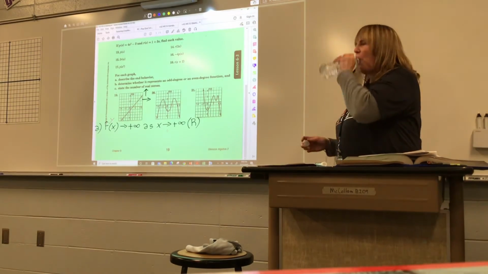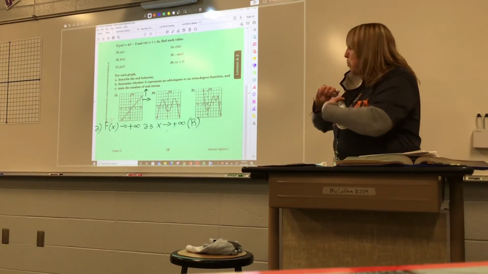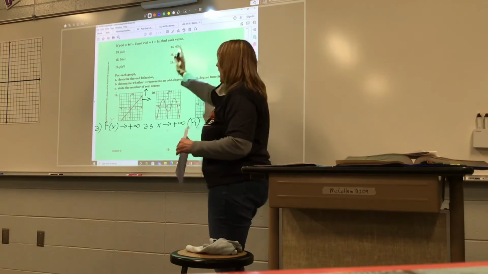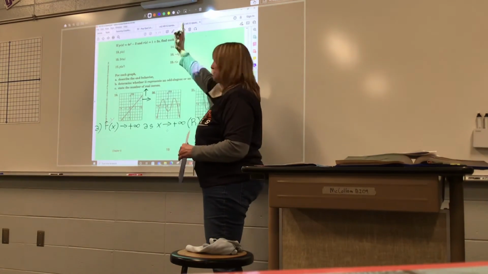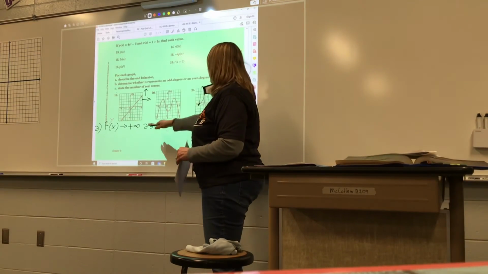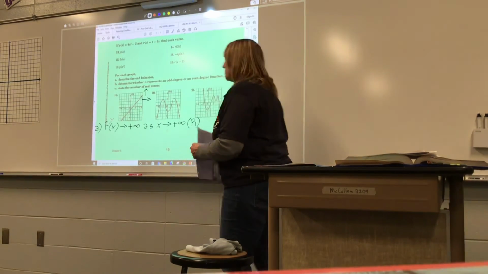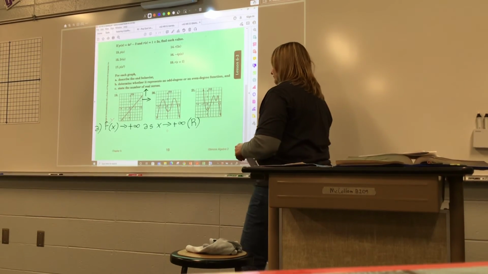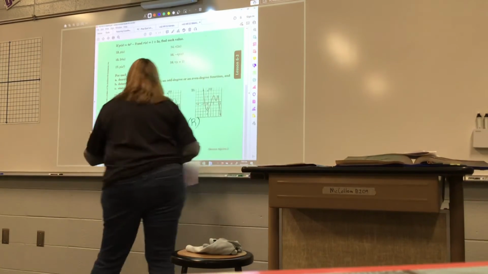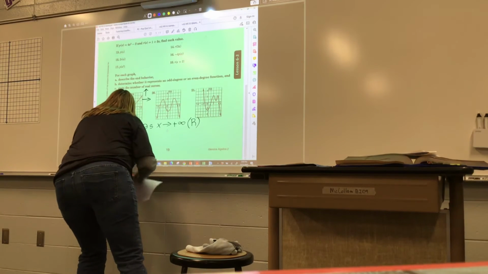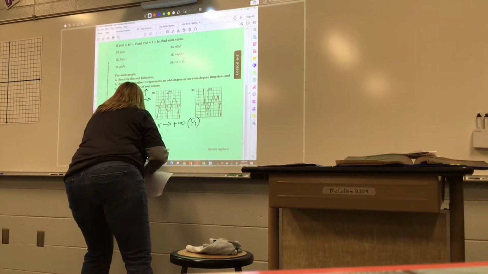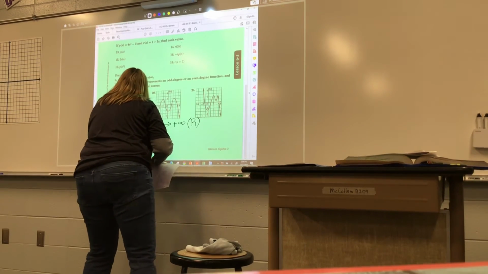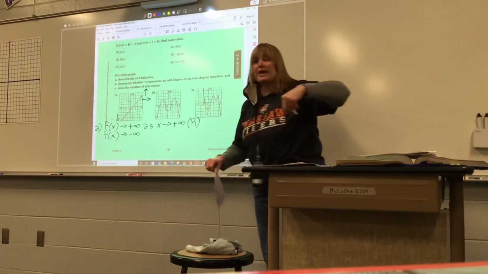So, f of x or y approaches positive infinity because it's rising, as the variable x also approaches positive infinity because it's going out to the right. On the left end of our graph, f of x is actually approaching negative infinity because vertically y is going down.